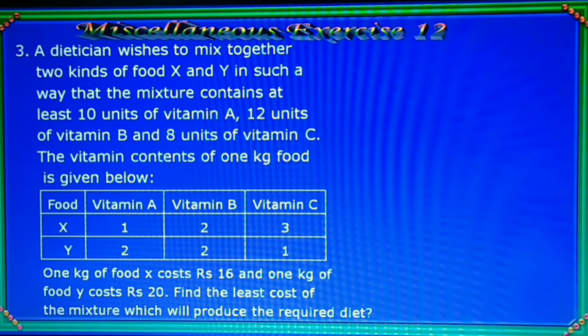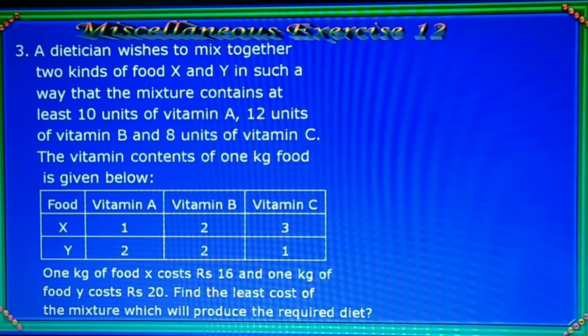Miscellaneous exercise on chapter 12. Question number 3. A dietitian wishes to mix together two kinds of food, X and Y, in such a way that the mixture contains at least 10 units of vitamin A, 12 units of vitamin B, and 8 units of vitamin C. The vitamin contents of 1 kg food is given below.